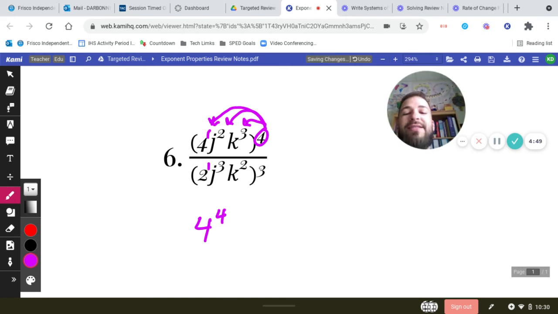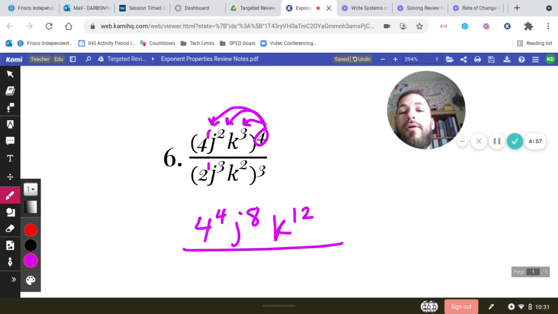J to the 2nd times 4 becomes j to the 8th. K to the 3rd times 4 becomes k to the 12th. Over. Same thing, but now I take the 3 and distribute it inside. So 2 to the first times 3 becomes 2 to the third. J to the third times 3 becomes j to the ninth. K squared times 3 becomes k to the sixth.